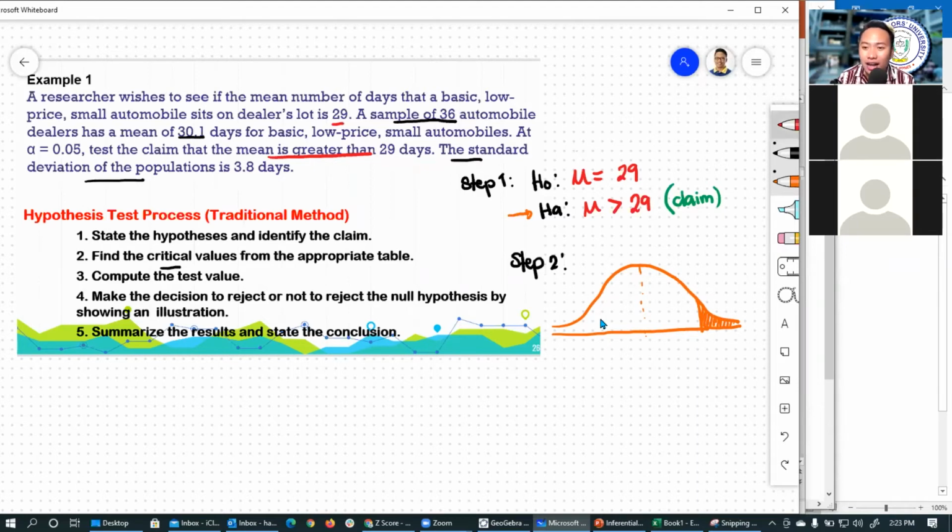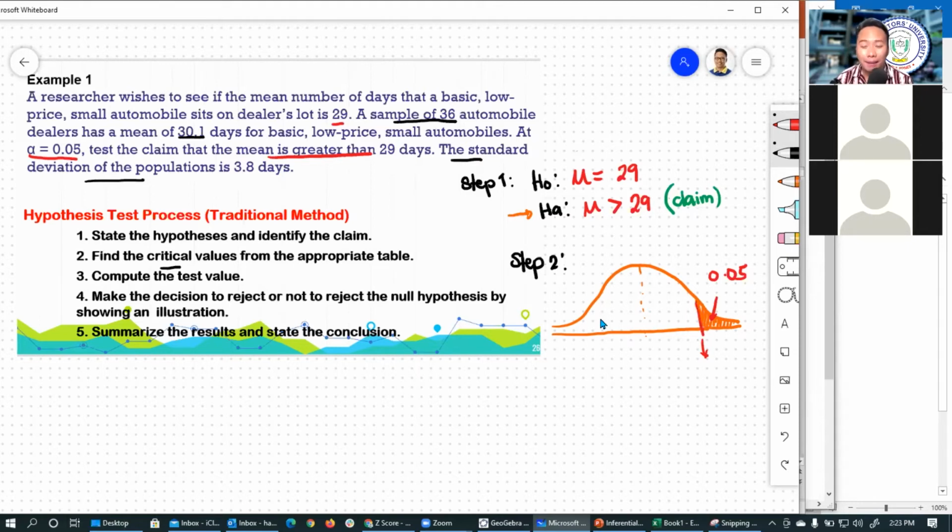Now, the area of this shaded region I just drew is actually the alpha. That is the given alpha here. So take note, guys, somewhere here is the error that I will consider: at least 0.05 chance to commit an error. Now, the critical value is the point here that I'm going to look at, not the area.